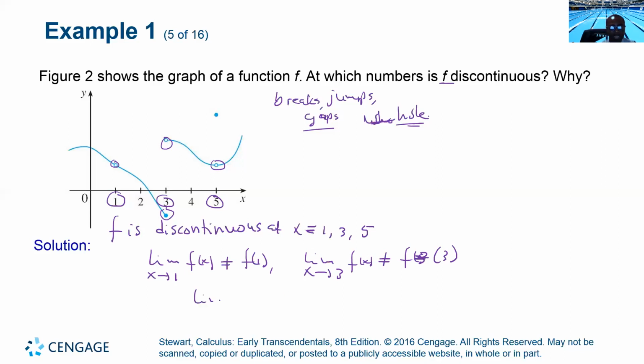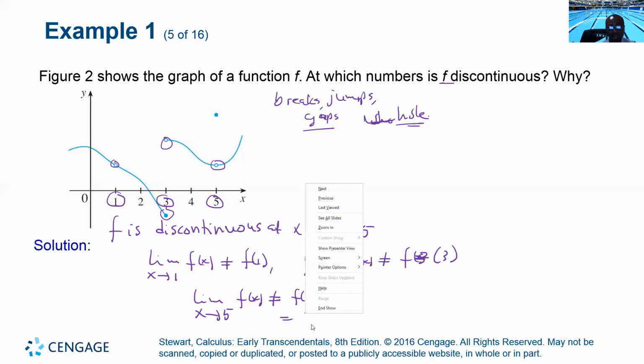And the limit as x approaches 5 of the function is not the same as the function value at 5. In this case, the function value exists, I don't know the value, and the limit also exists, but they are not equal. So again, f is discontinuous at these values of x.